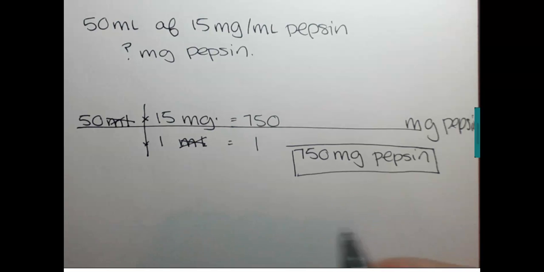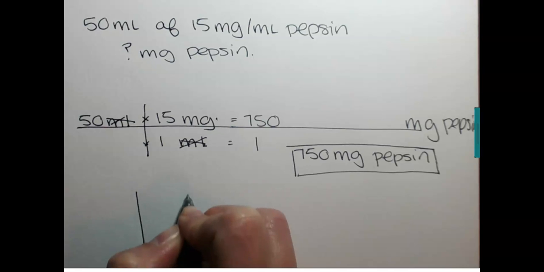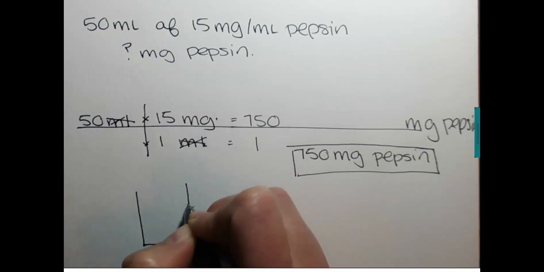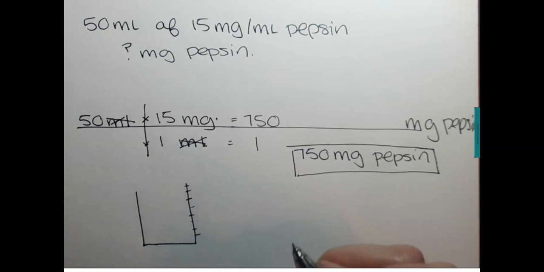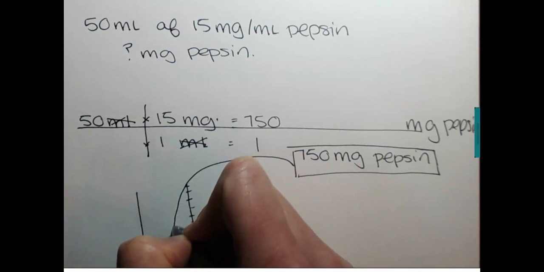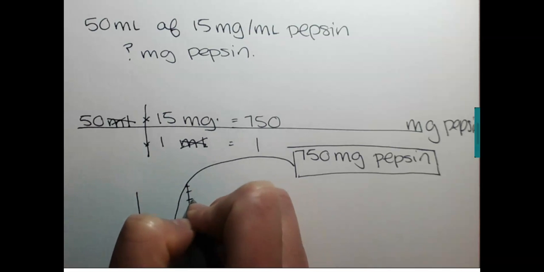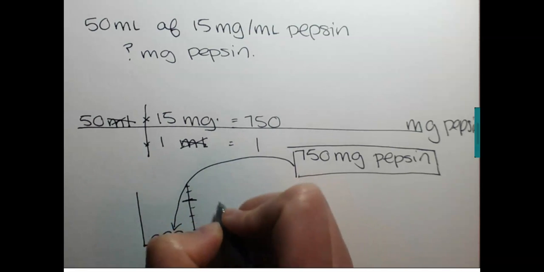And you're going to add it to a graduated cylinder or something that has actual markings on it. So you're going to first put that 750 milligrams of pepsin into your container. Then you're going to pour in distilled water until you get to that 50 milliliter mark.